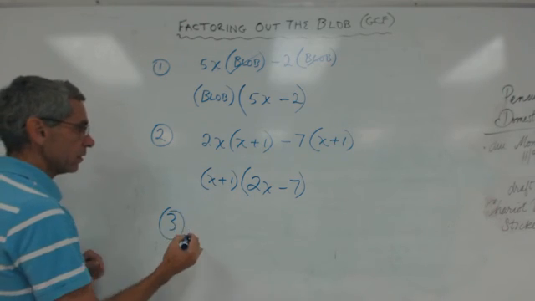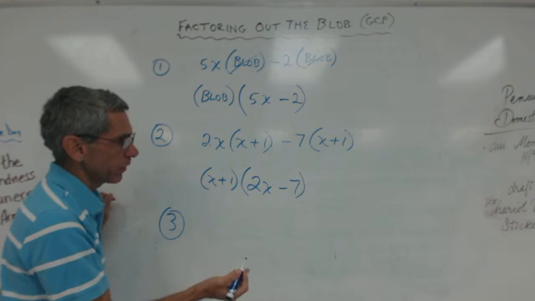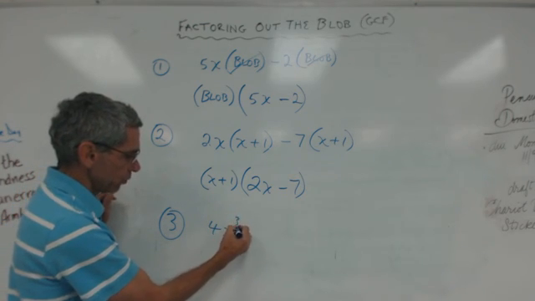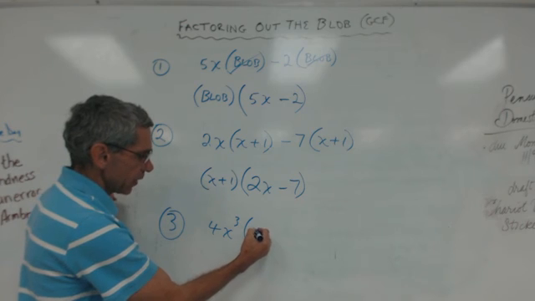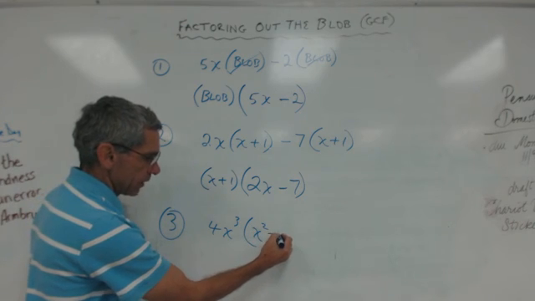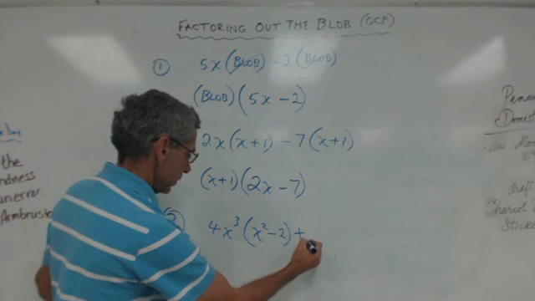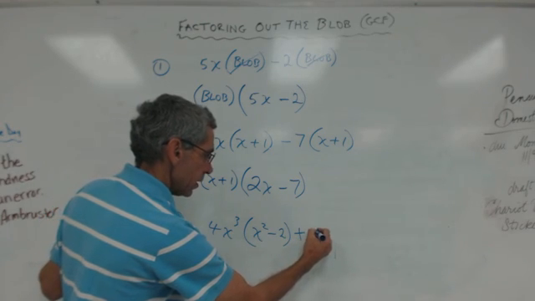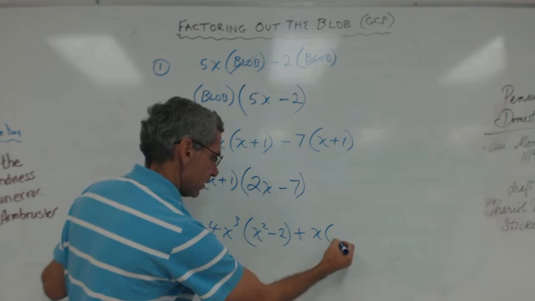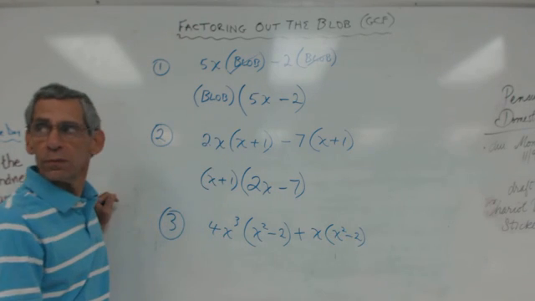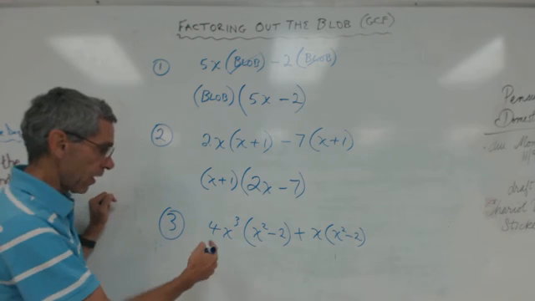Number 3. All right. So what if I did 4x cubed parenthesis x squared minus 2 plus x parenthesis x squared minus 2. Okay, factor out my blob.